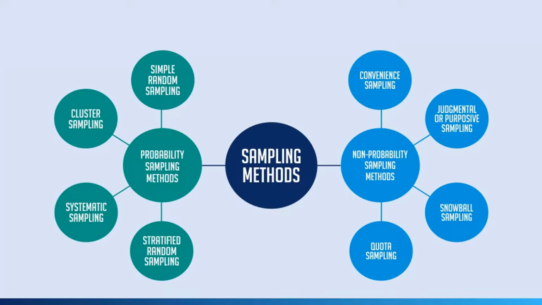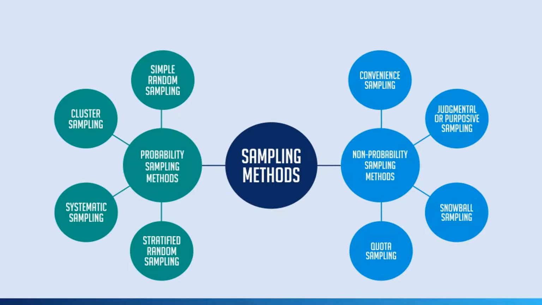However, in quota sampling, there is no random sampling within the strata. Instead, you set standards, and whoever satisfies the standards that you have set becomes a member of the sample. So that's the difference between quota and stratified.